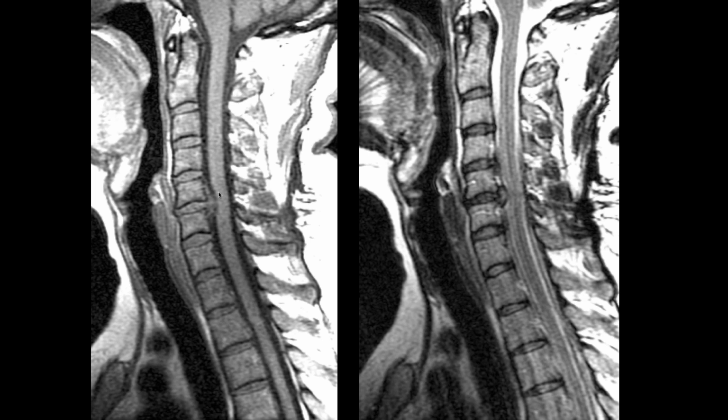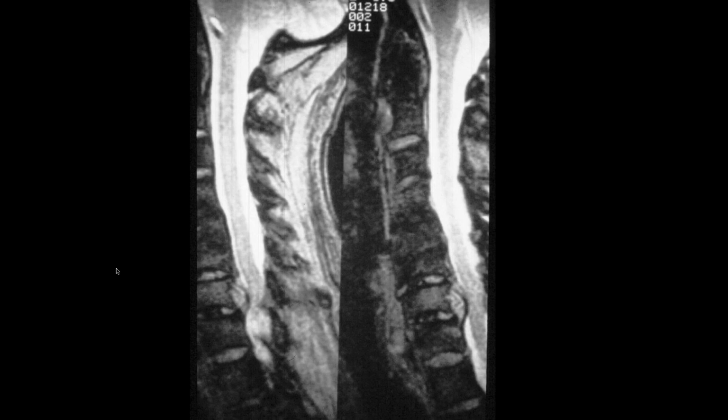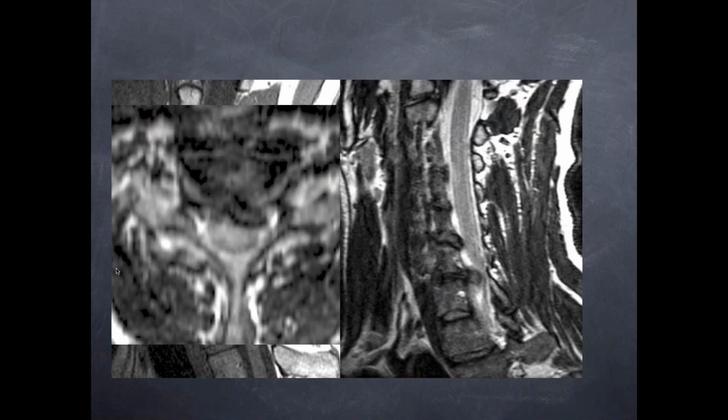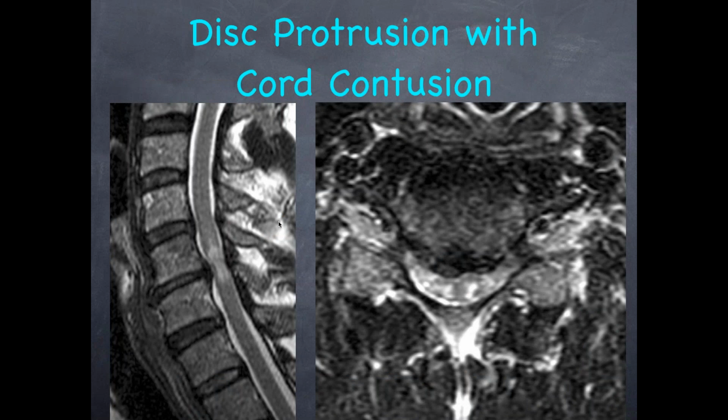Then we can see it deforms the anterior aspect of the cord, and then it'll be important to see the sagittal stir to see if there are any signal changes within the cord there. And here's a more lateral recess stenosis, another disc extrusion. We need to spend a lot of time on these. And here we can see a big extruded disc going off to the side, compressing the neural structures.